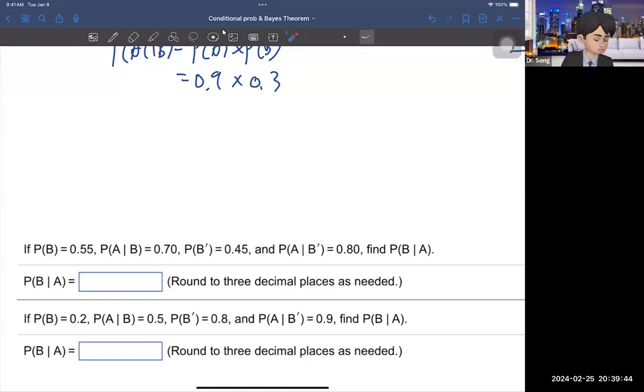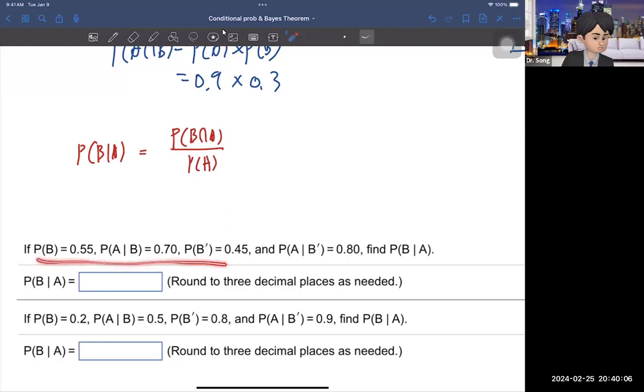But in the following example, I will give the intuition and why we need to study the Bayes theorem and how powerful it is. So first, let me write down the equation because we want to find the probability B given A, right? That is probability B intersection A over probability A.